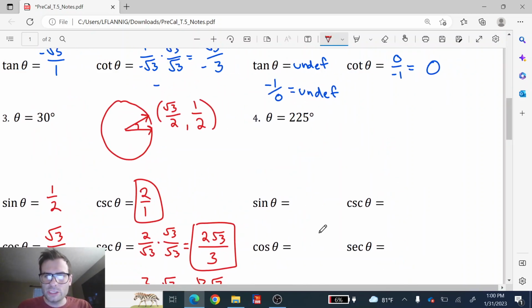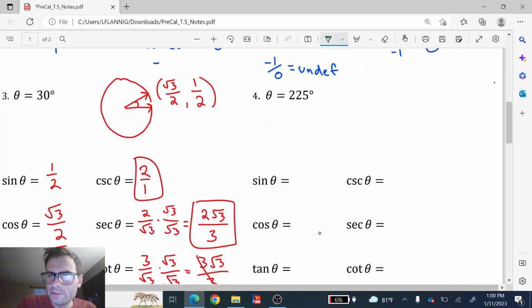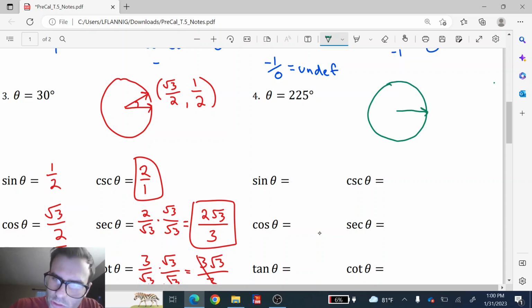Last one on the first page, let's go to number 4. This is the angle of 225. So we're going to draw the circle. 225 is like this. Maybe I can draw a little bit better. Because it's not going to be a square root of 3 over 2 or 1/2.